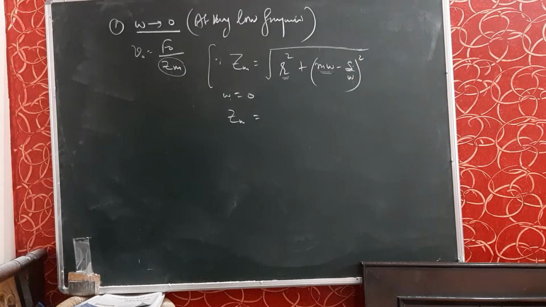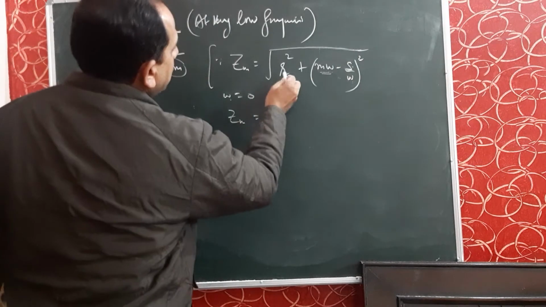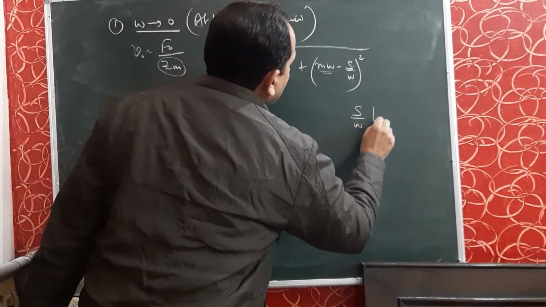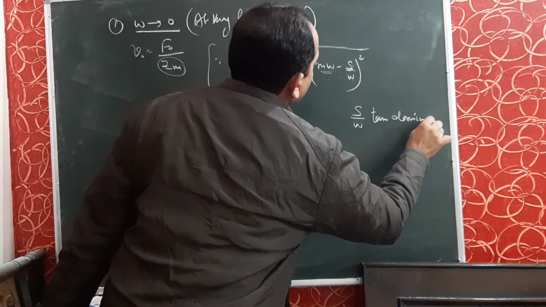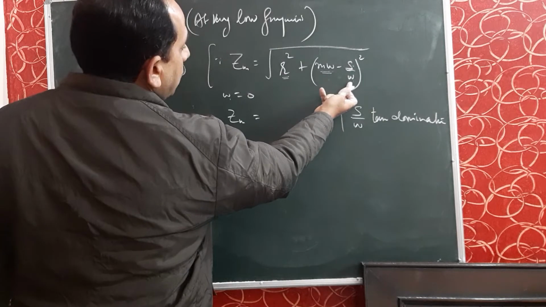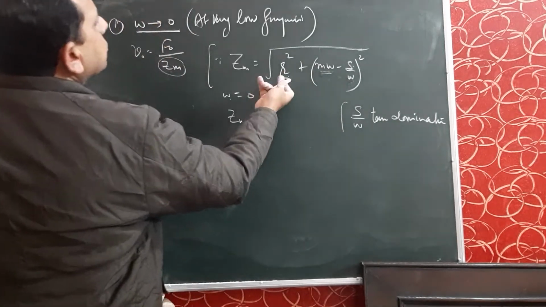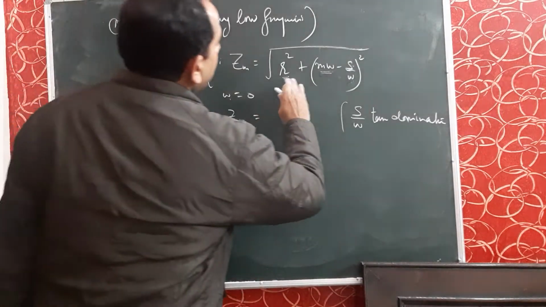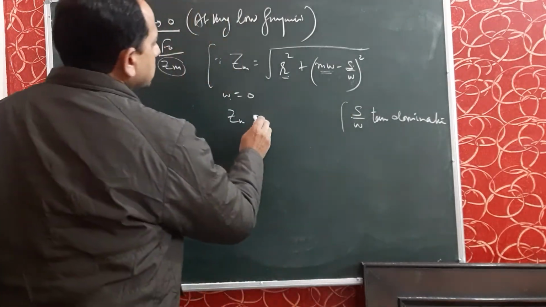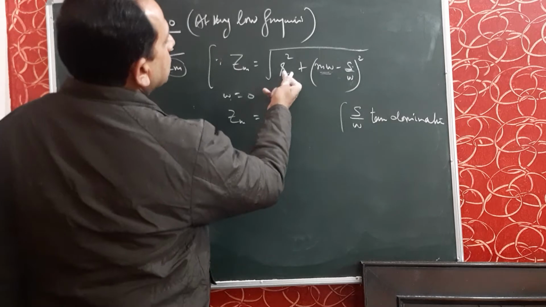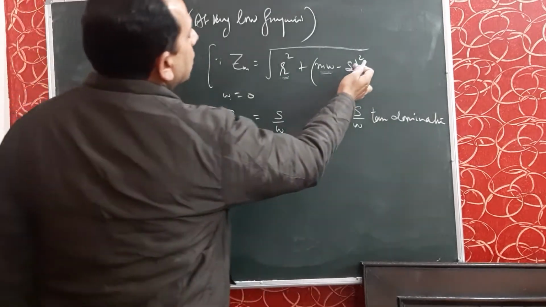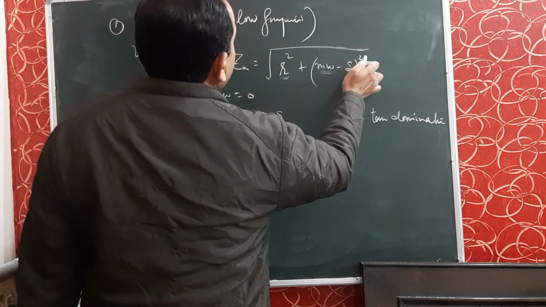So the s by omega term dominates, because it has the highest value, infinity, while the other is 0 and r has a finite value. Among the three terms, this term contributes most, so we neglect the others and retain only the third term, s by omega, minus s by omega square and under root.